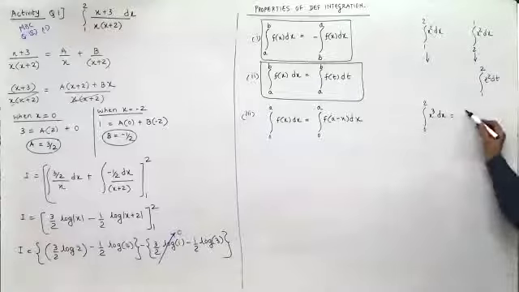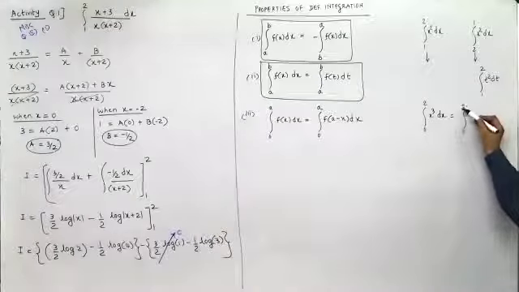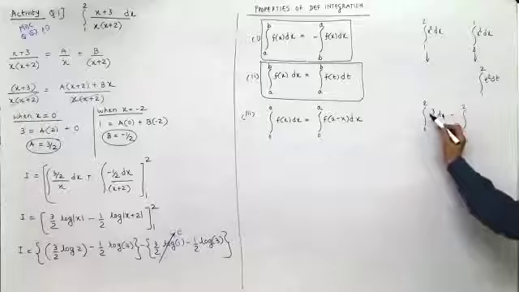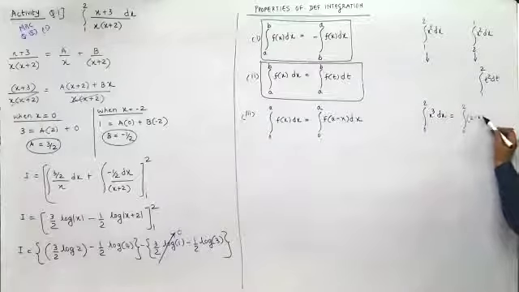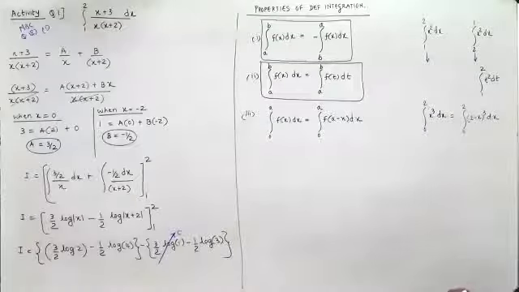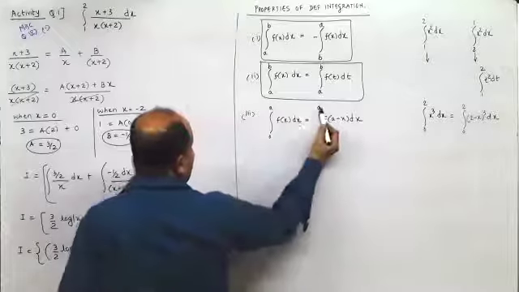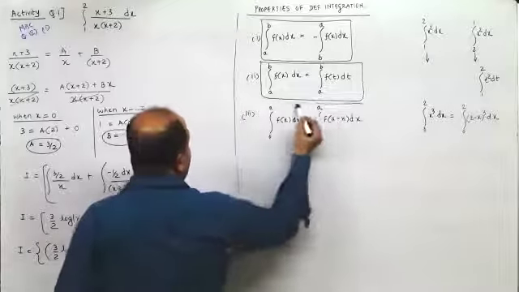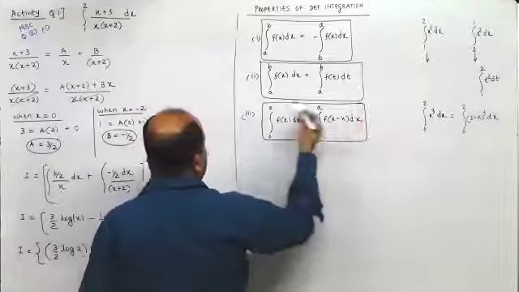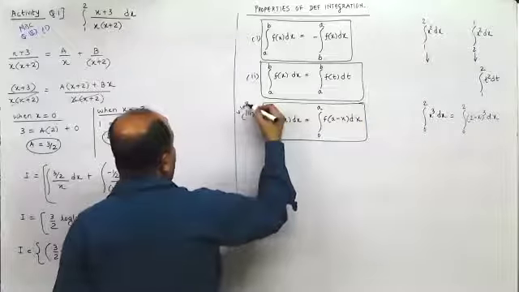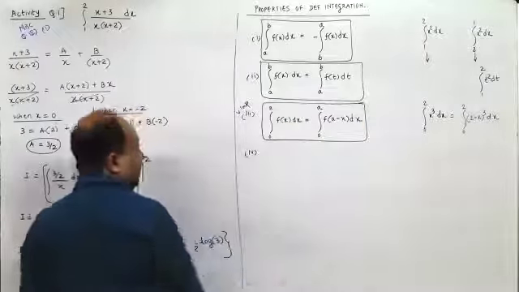Instead of x, I'll replace it with 2 minus x, and the answer would be the same. So instead of 0 to a f of x dx, I can write upper limit minus x. Very important property. Most sums are based on this. You don't have the derivation for the same.